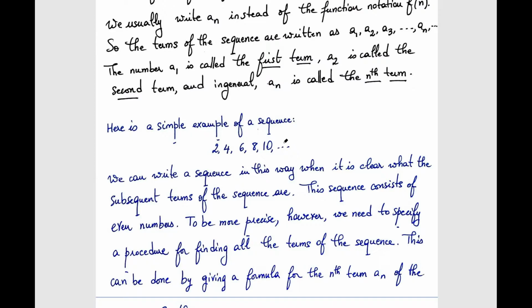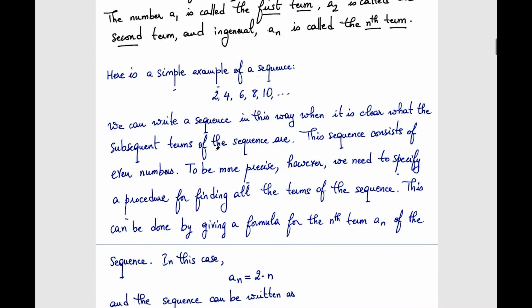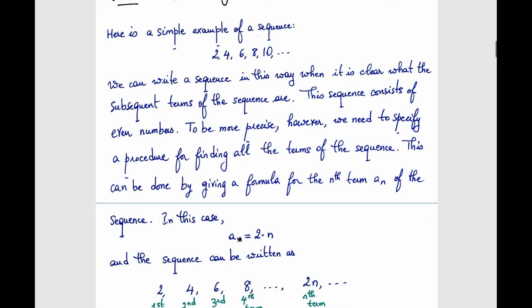Well, if the first one is 2, the second is 4, the third is 6, and so on, what's the nth term? Well, it looks like each term is twice its rank. For example, the first one is 2 times 1. The second term is 2 times 2, because this is the second term, right?